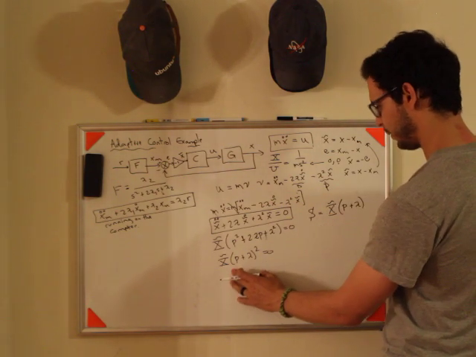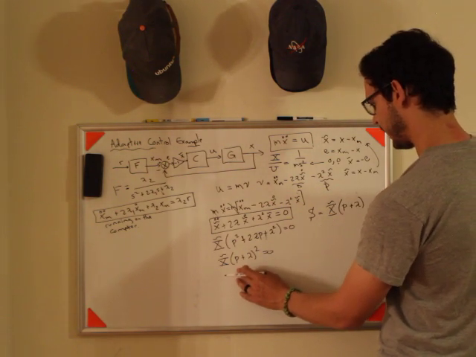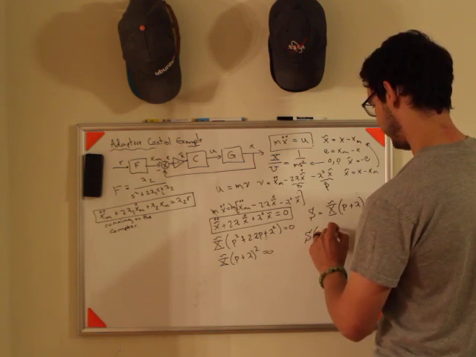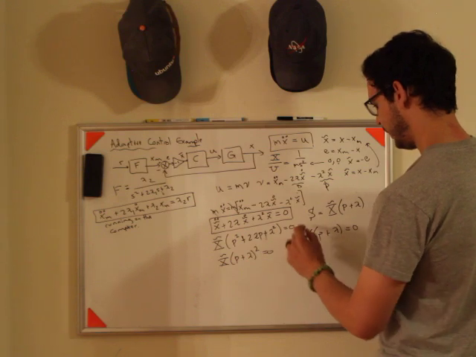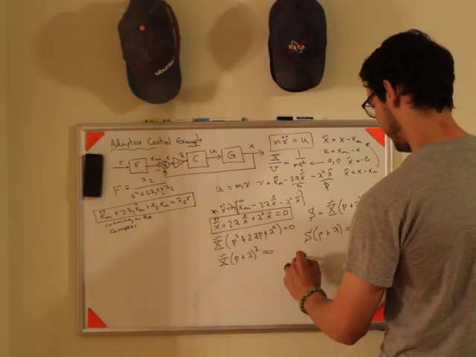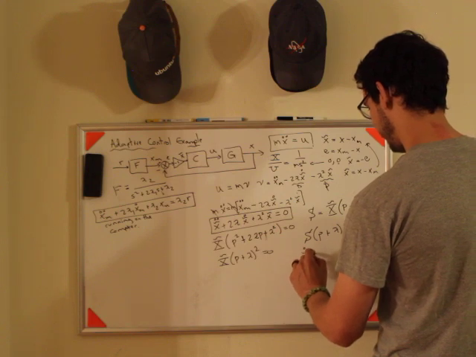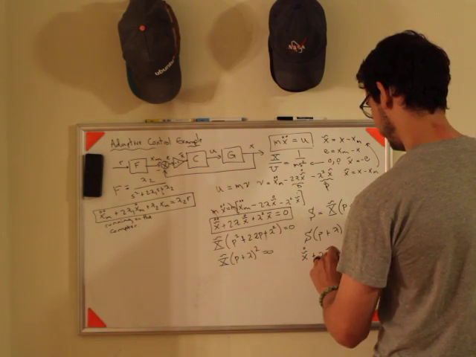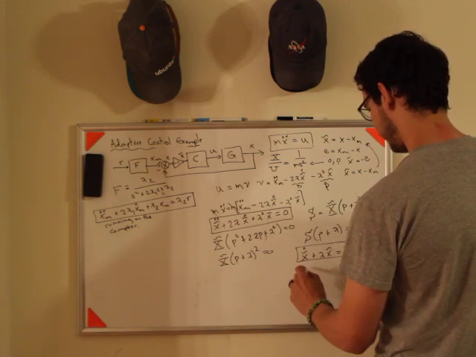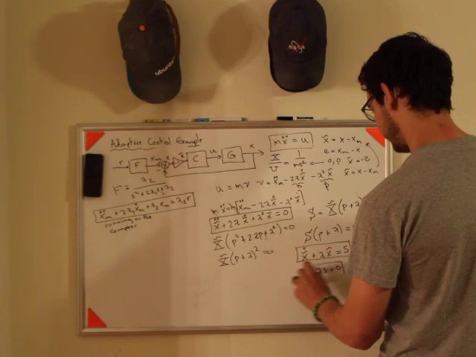If I take this and substitute it in here, what I get is that S times (p plus lambda) equals 0. And then if I convert these both back to the time domain, what I get is that x tilde dot plus lambda x tilde equals S. And then if I convert this to the Laplace domain, I get S dot plus lambda S equals 0.